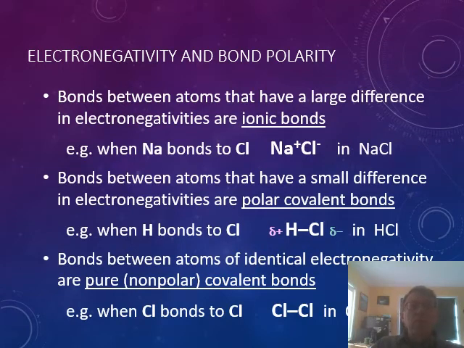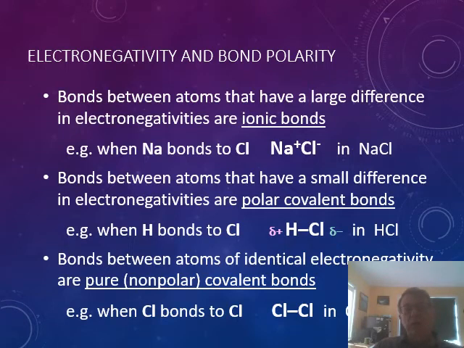So when you find two atoms that are bonded that have a large difference in electronegativity, they will form ionic bonds. If the difference in electronegativity is smaller than is required to form an ionic bond, then the bond will be a polar covalent bond. A good example of that is the bond between hydrogen and chlorine.